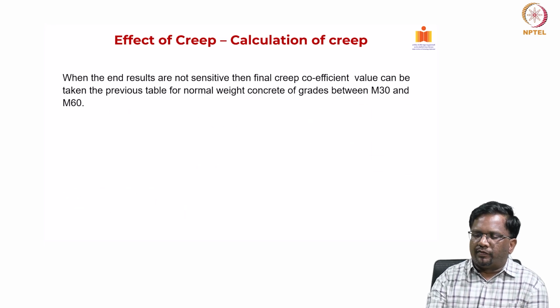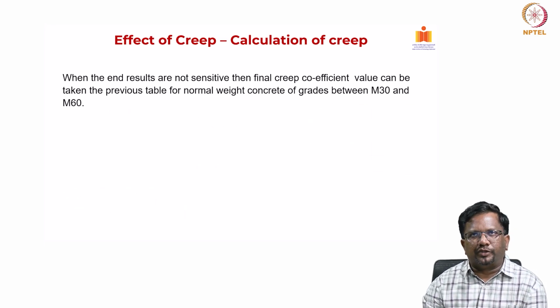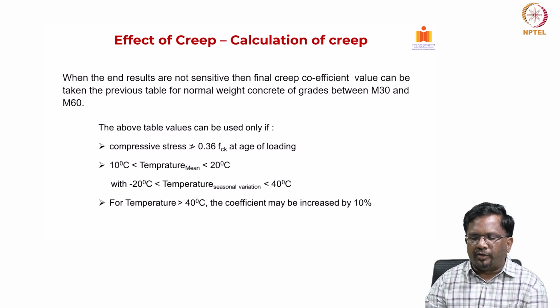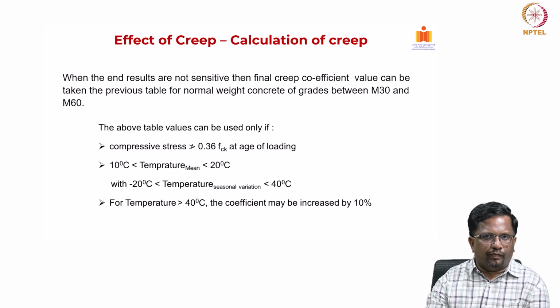So, we can say that when the end results are not very sensitive, the final creep coefficient value can be taken from the previous table for normal weight concrete between M30 and 60. Now, these tables, the notional creep coefficient that we calculated, were derived based on certain assumptions. What are those assumptions?